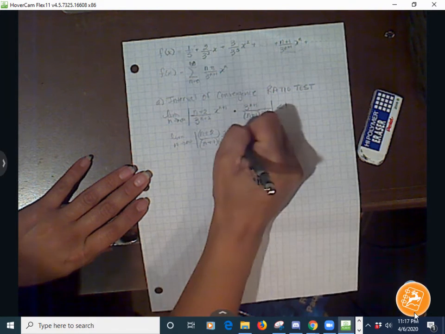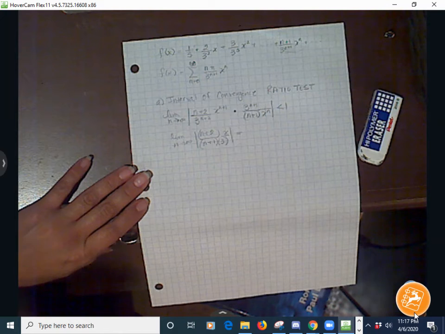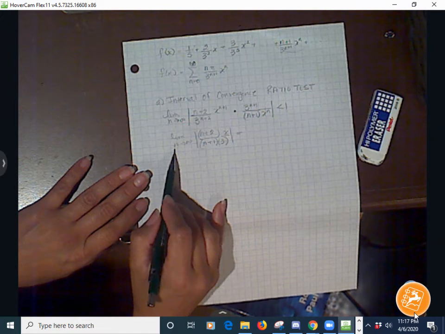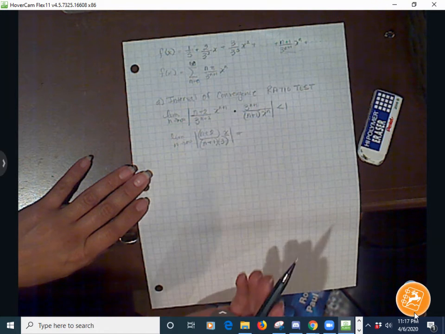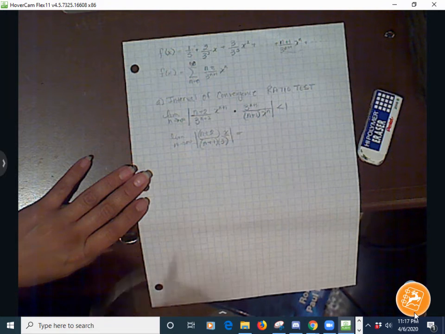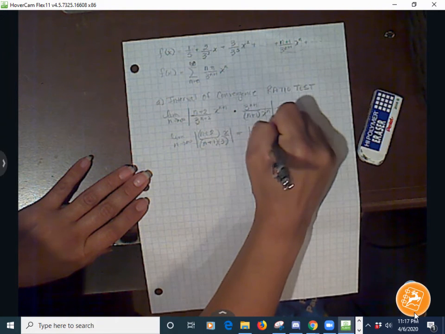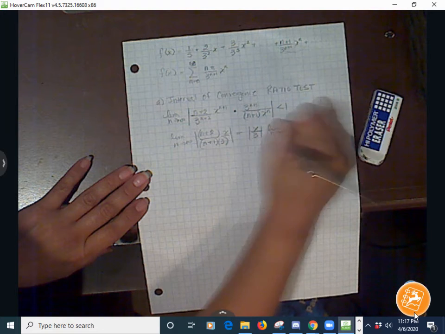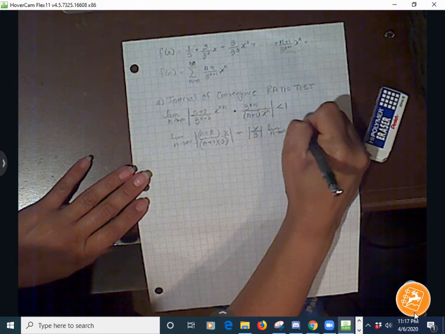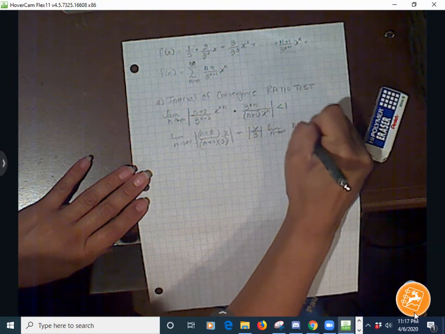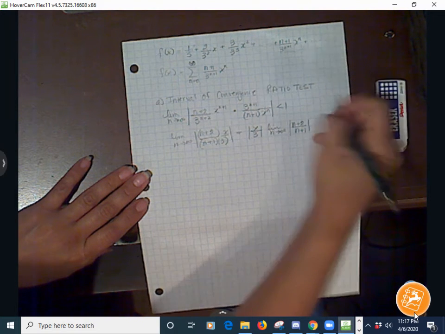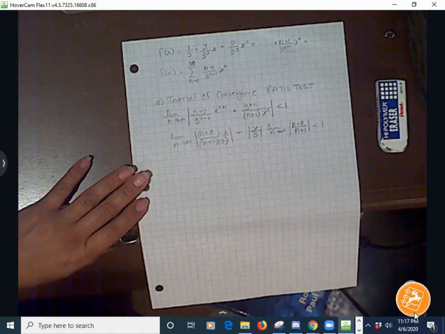So if you remember, since this is n going to infinity, we can factor out all non-n factors. So I'll take out x over 3, limit as n goes to infinity of n plus 2 divided by n plus 1, less than 1.